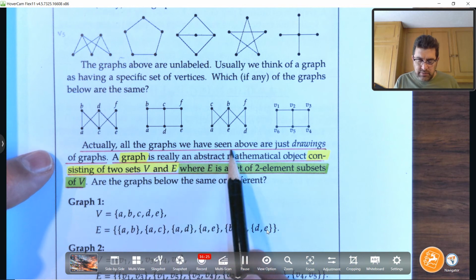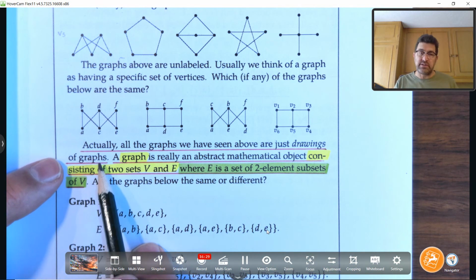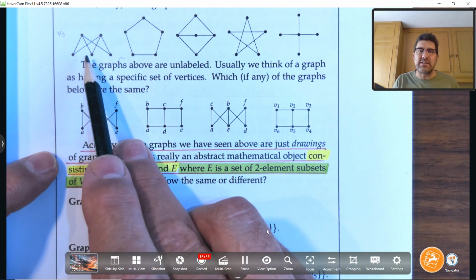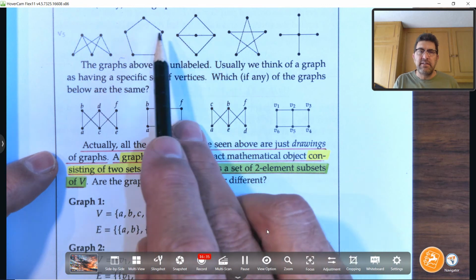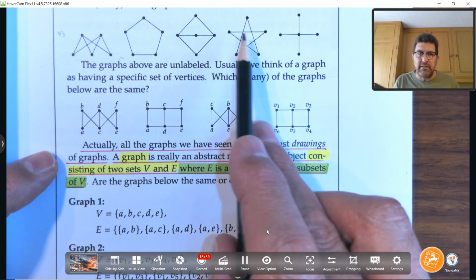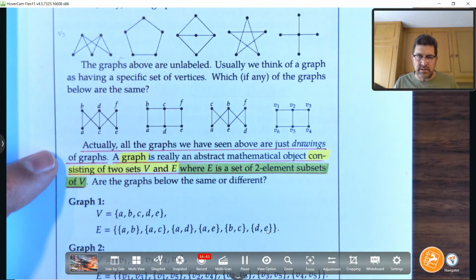Actually, all the graphs we have seen above are just drawings of graphs. So that represents exactly the same situation as this. That represents an exact situation over here. Those two are identical in structure. Those two are identical in structure.